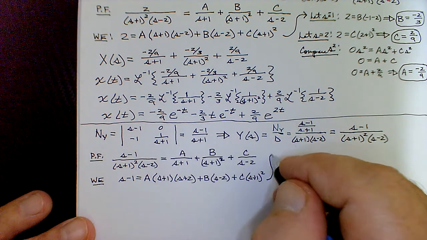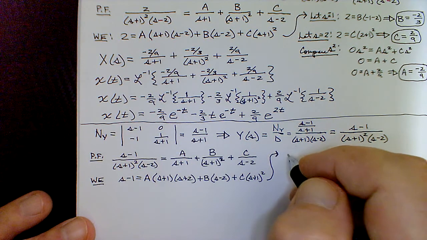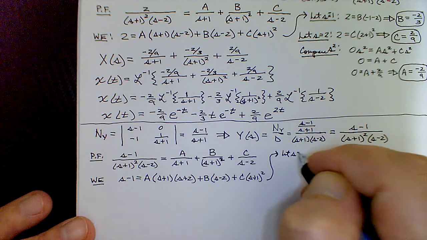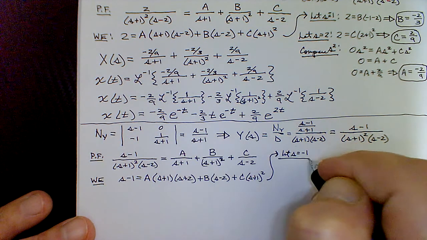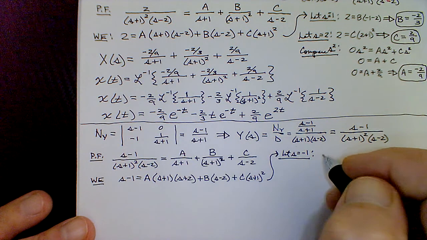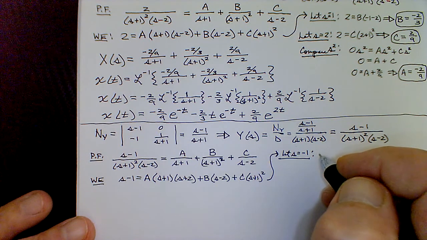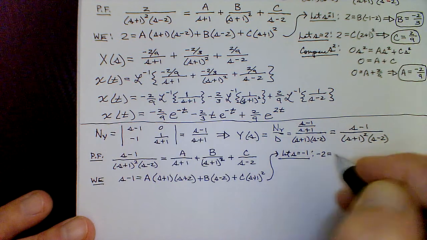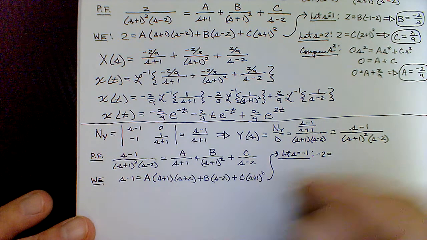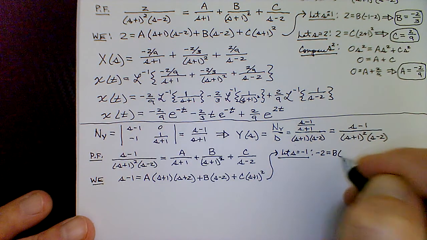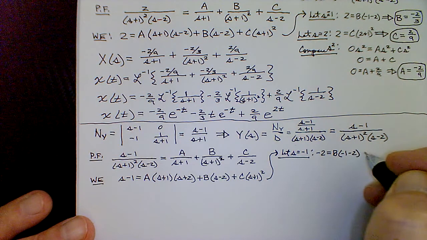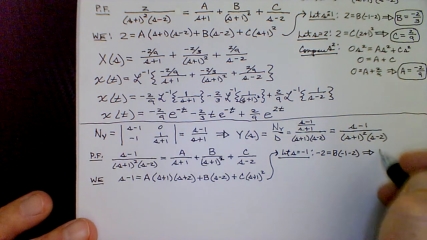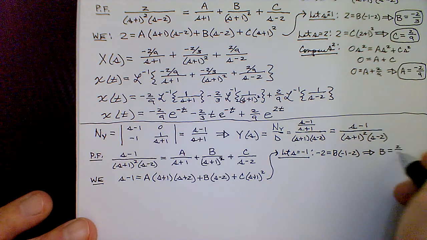Okay, so then again I'm going to move up here, try to save some room, and we'll let s equal negative 1 again to solve for B, and on the left we get negative 1 minus 1, or negative 2, equaling A goes away, so does C, B times negative 1 minus 2, so then negative 2 equals negative 3B, so B is positive 2/3.